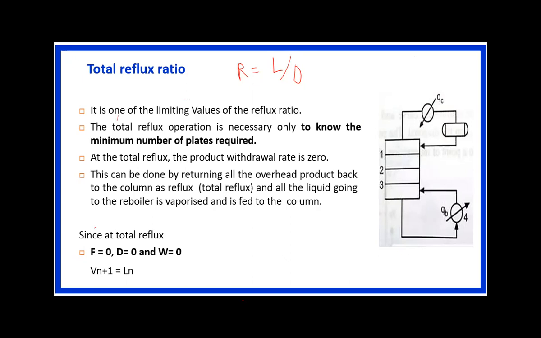Normally there are two types of reflux ratio, that is internal reflux ratio and external reflux ratio. The internal reflux ratio can be defined in terms of L by V, and the external reflux ratio can be defined as L by D, and that is the important factor, because externally we are interested in the distillate only, we are not interested in the L by V ratio.